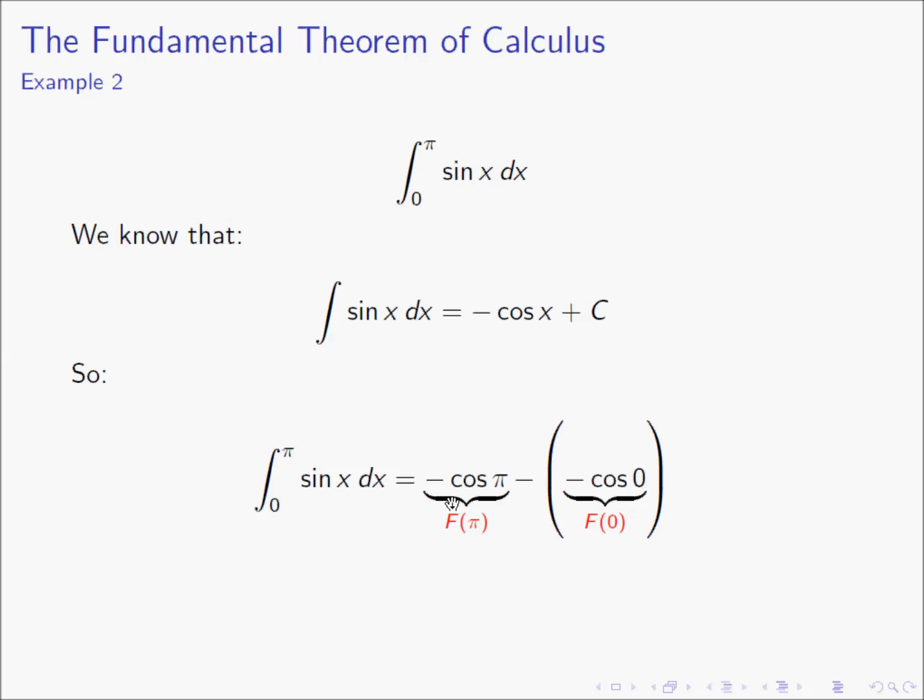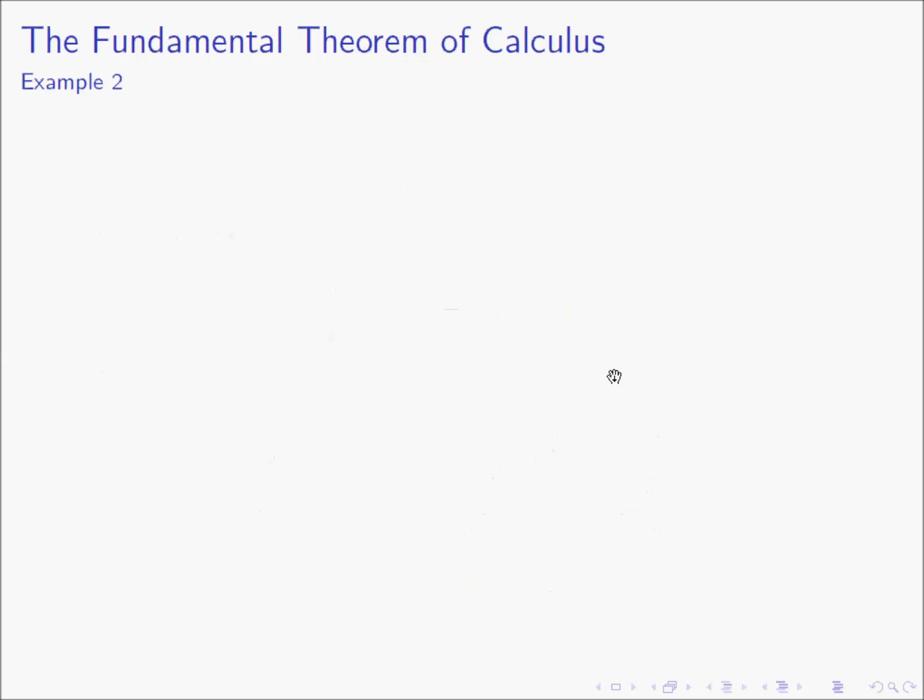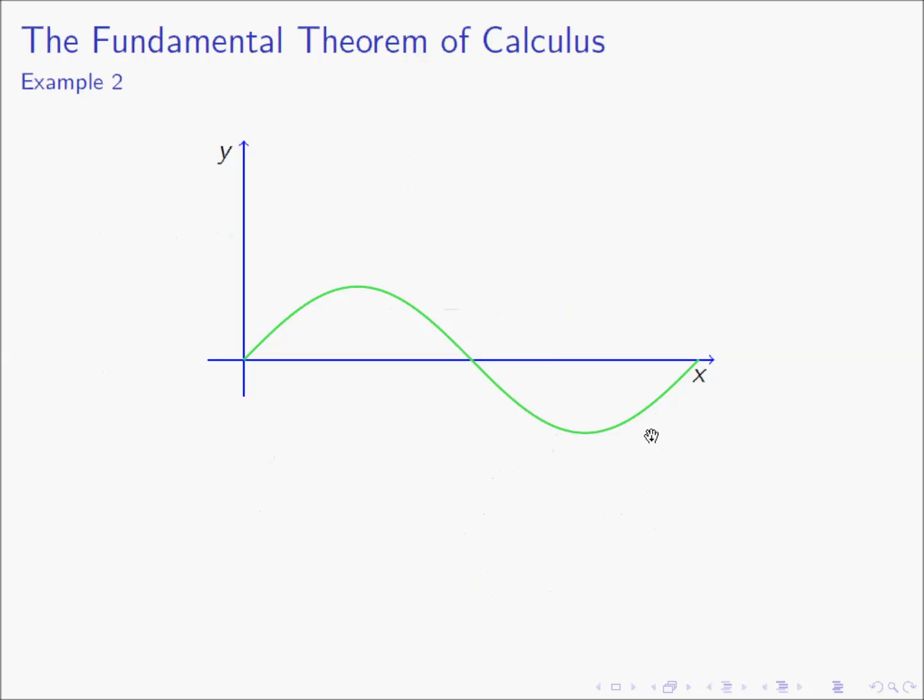Here we have that minus cosine of pi equals 1, and minus cosine of 0 is minus 1. So we get 1 minus minus 1, that equals 2. And that's the answer.